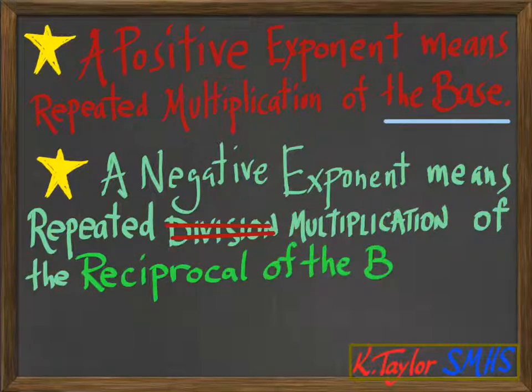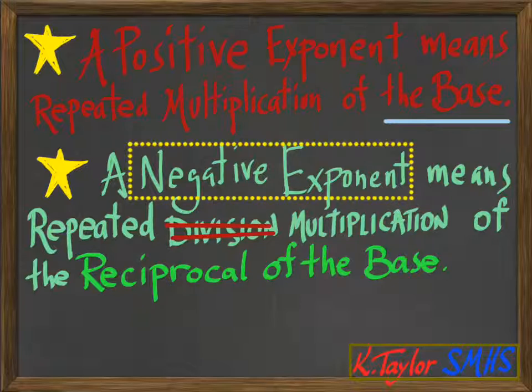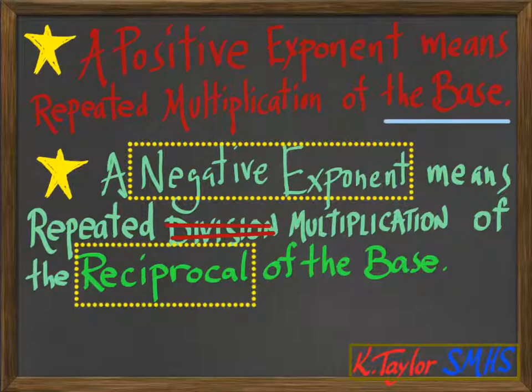So here are the terms I want you to link up in your heads, folks. When you see the words negative exponent, or a number with a negative exponent, I want you to think reciprocal. It's still repeated multiplication, but it's repeated multiplication of the reciprocal of the base. And that's our little twist to the idea of what a negative exponent means.